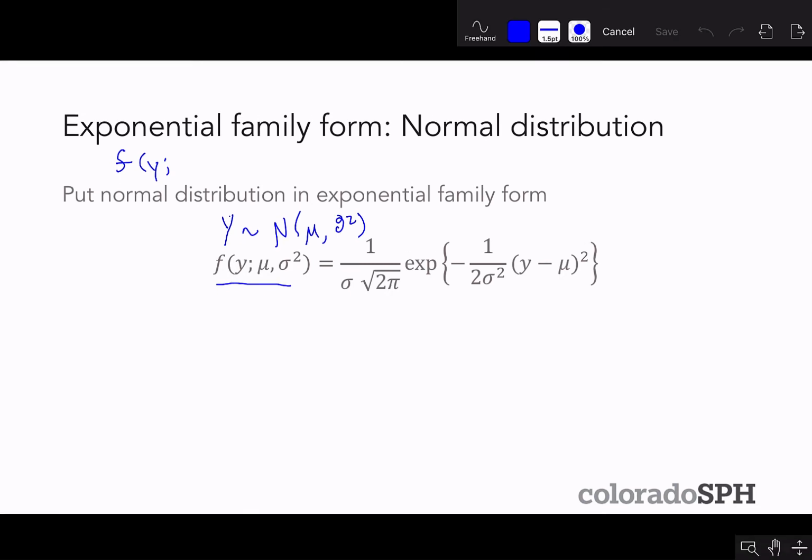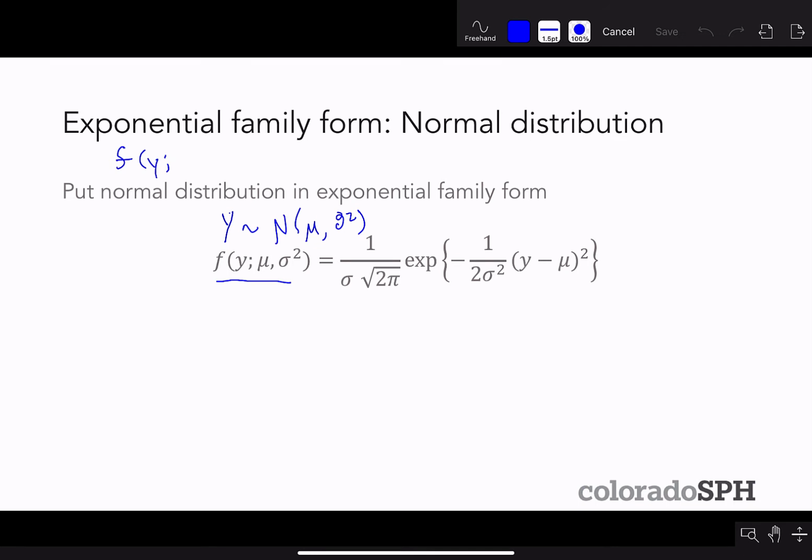So the PDF of an exponential family distribution is f of y given theta and phi is equal to exponentiated function t of y, that's a function of y, times theta over some function of phi, a of phi.